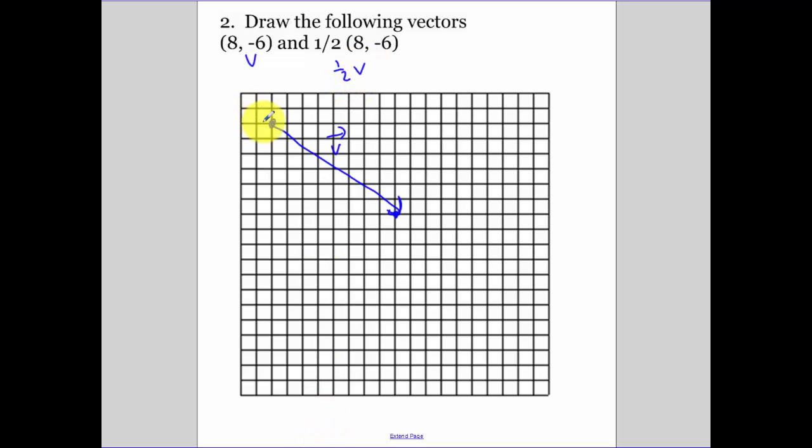So just to show you guys, I'm going to start it down here. Half of v would be 4, negative 3. So I'm going to go over 4, down 3. This is half of v. Now if I take this whole vector, I bring it back over here, notice how 2 of those fit onto v. So I know that it is half of v.